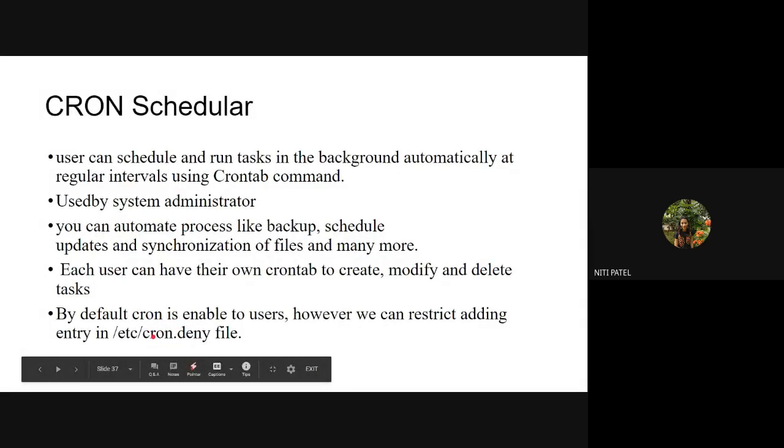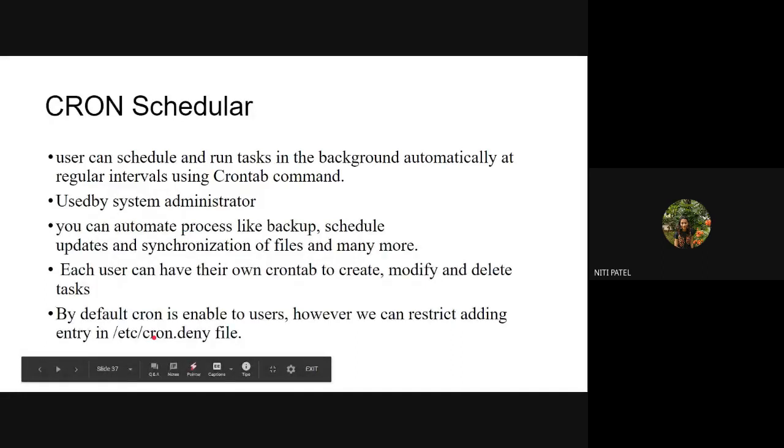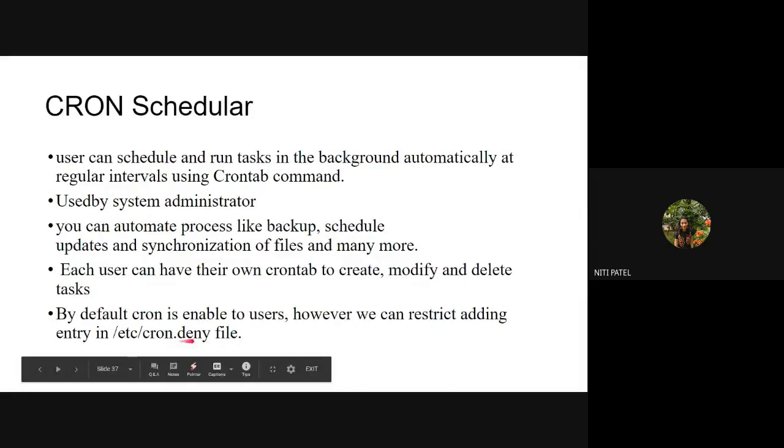So the restriction on the user, even after the transfer of ownership, is that even if a user does anything in the background, that entry will not be made anywhere inside the system. But if the same command is executed by the admin or the root user, every entry will be made in this cron.deny file. And where is that file? It is there inside the etc folder. Is this clear?